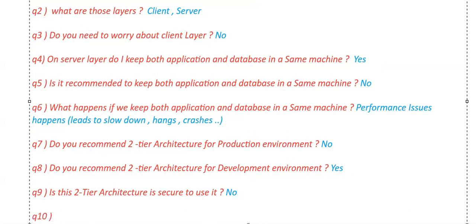Okay. Now you can tell me whether this two-tier architecture is suitable for production environment. Is this two-tier architecture suitable for production environment?